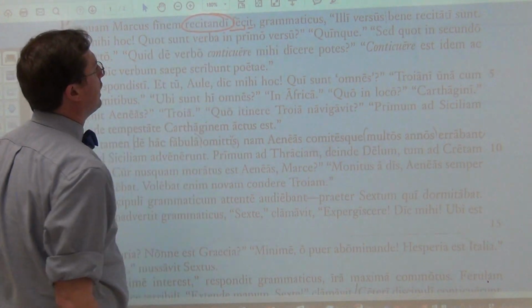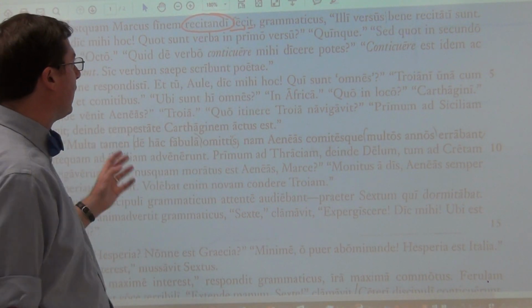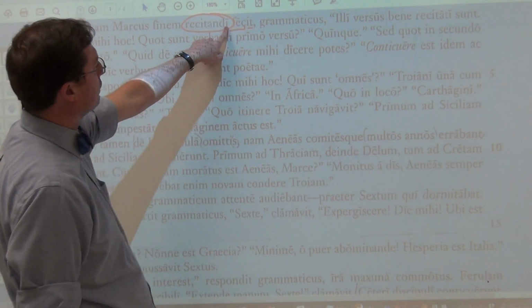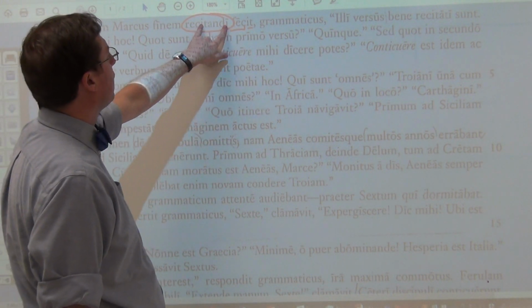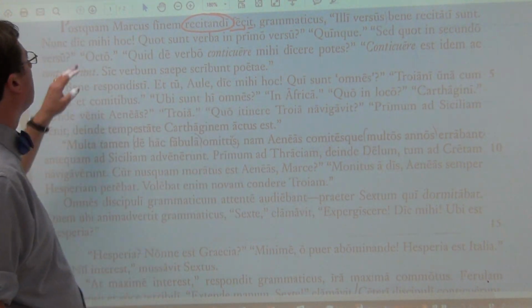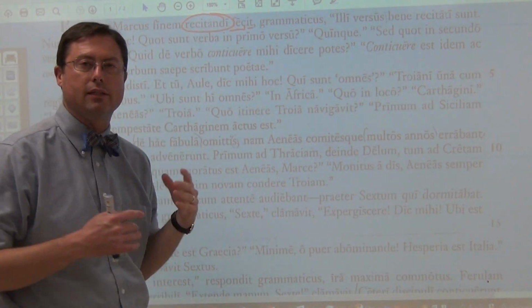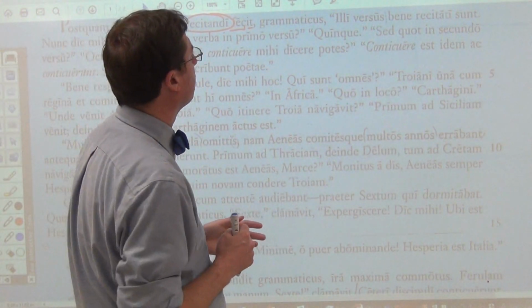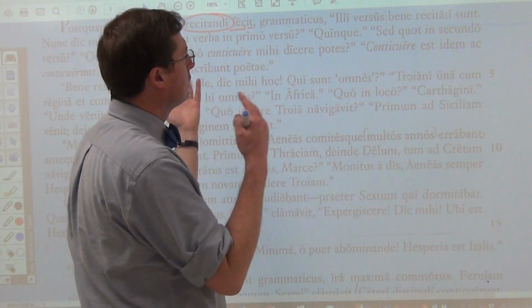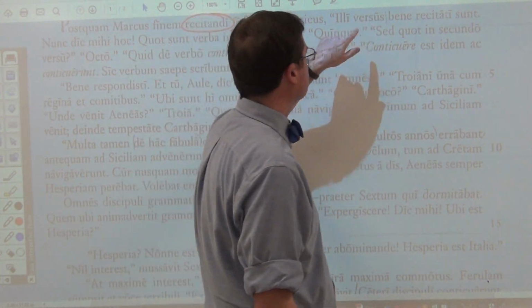Recitandi is a gerund, not a gerundive. A gerund, remember, is a verbal noun. Excuse me, it has one of the four gerund forms, and it is not modifying anything. So an end of the act of reciting. And so therefore, after Marcus made an end of the reciting, remember he in the last chapter was reciting book 2 of the Aeneid, the teacher said, illi versus, those verses.